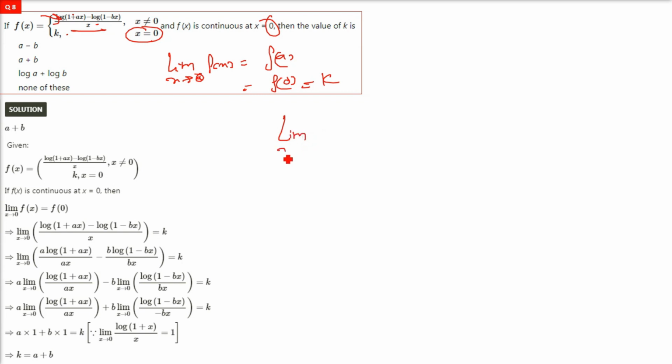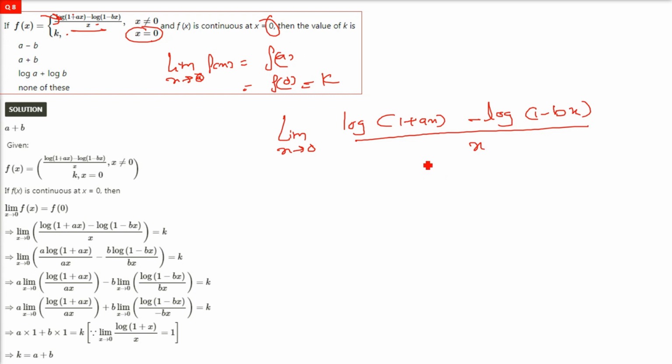This is the only thing you need to keep in your mind. So limit x tends to 0, you have log(1 plus ax) minus log(1 minus bx), and this is divided by x. So you can just separate it because the denominator is common to both of the above terms. Log(1 plus ax) divided by x minus log(1 minus bx) divided by x.